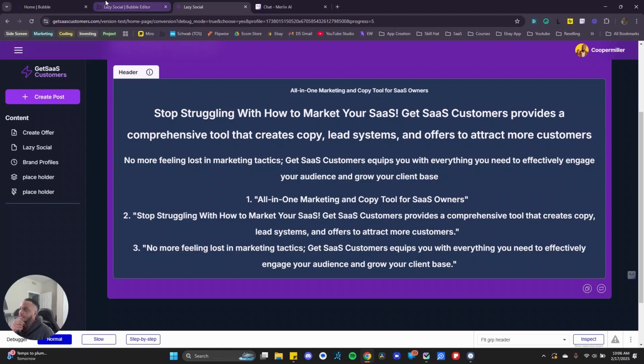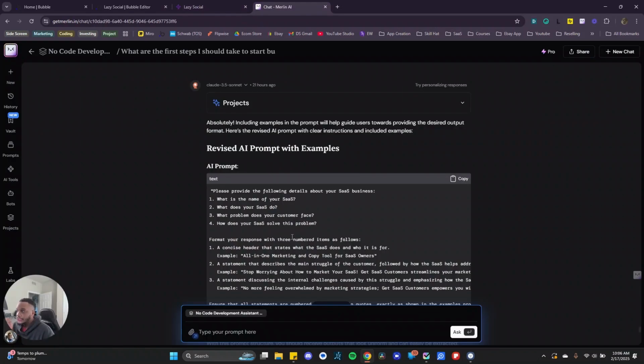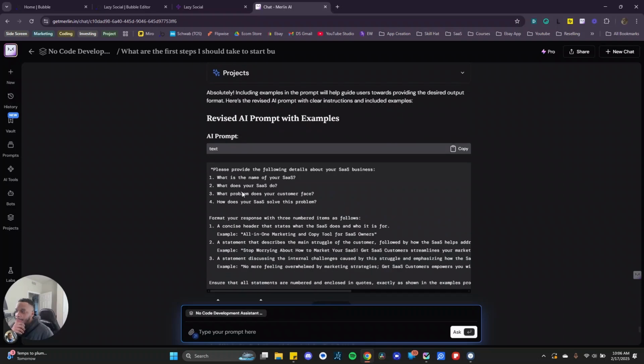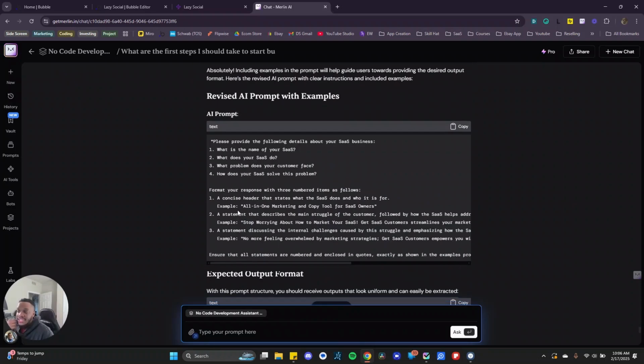Hope that makes sense. So, in order to make your AI more efficient and effective, and for you not having to run up a bill with Bubble, you have to get the AI that you use to give you a format that will not change, or give you a prompt that will not change its format.